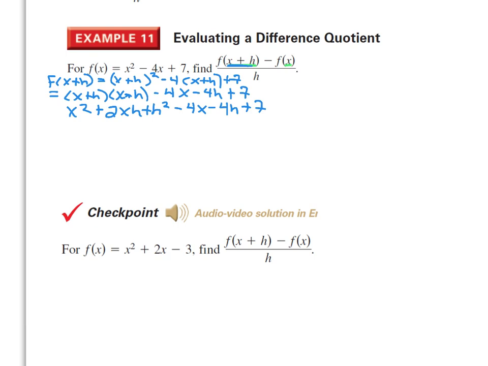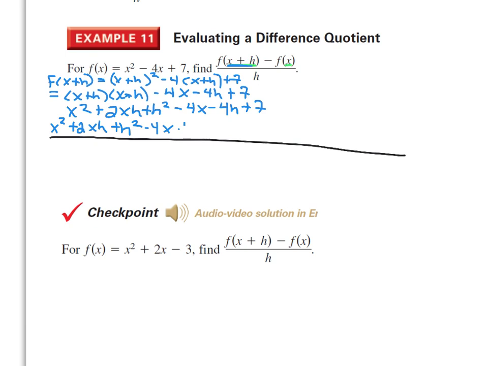So I'm going to now put it all together, and we'll put the f of x plus h on the top: x squared plus 2xh plus h squared minus 4x minus 4h plus 7. And then I want to subtract f of x, which is just x squared minus 4x plus 7. All of this is over h.